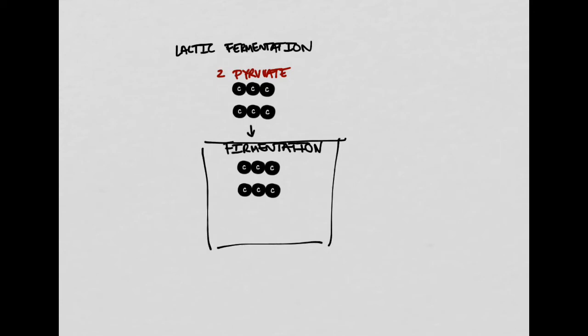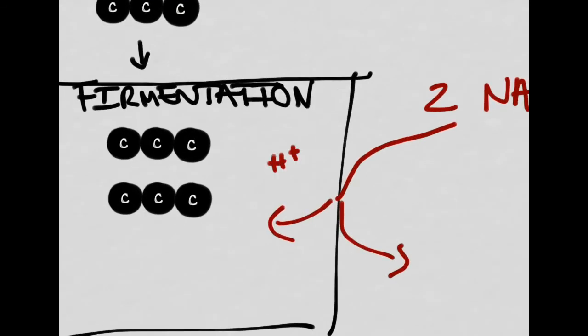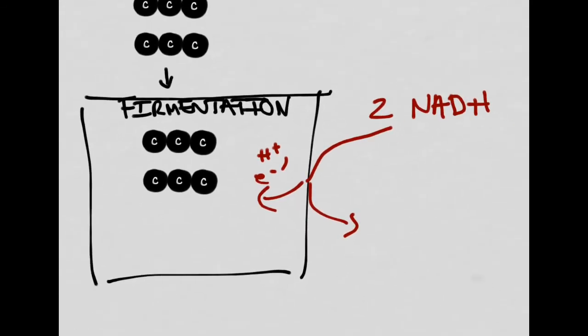So essentially, all we have here is 2 NADH, 1 for each pyruvate, comes in and drops off hydrogen ions and electrons. NAD plus comes out. This molecule is oxidized, and these molecules, which are no longer pyruvate, are reduced. So we have reduction happening here.